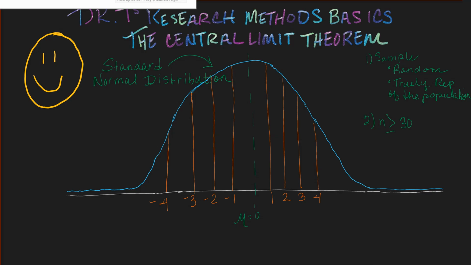So since all of these different samples can converge into this standard normal distribution, where our population mean is 0 and the standard deviations are 1, we can use what in statistics we refer to as z-critical values.